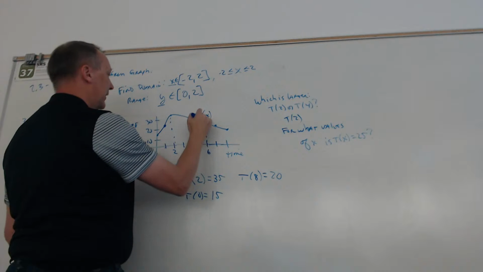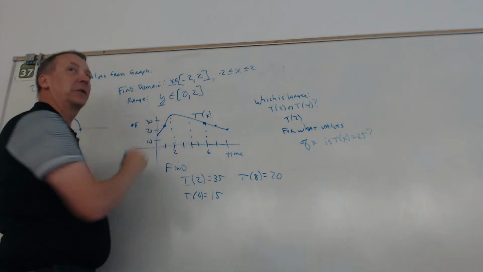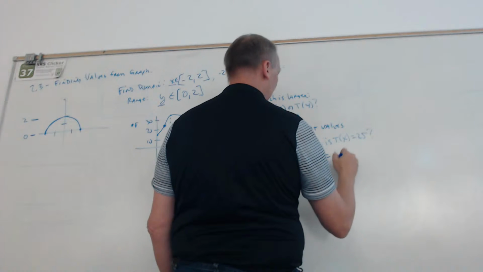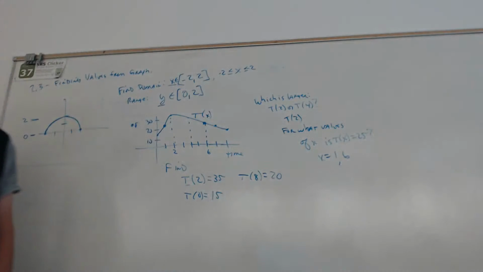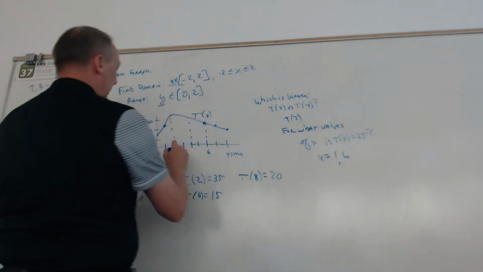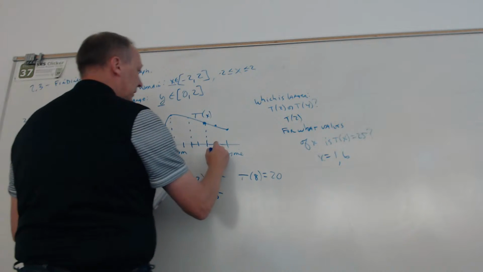So you're saying that value there. Do you guys agree with them? Yeah. Okay. So x equals 1 and 6. Okay? So these are PM. This is 2 p.m., 6 p.m.